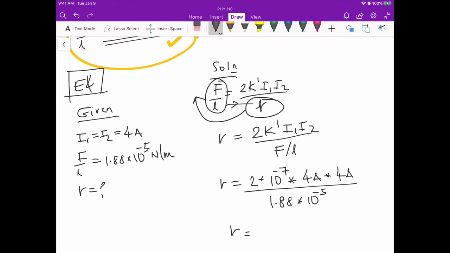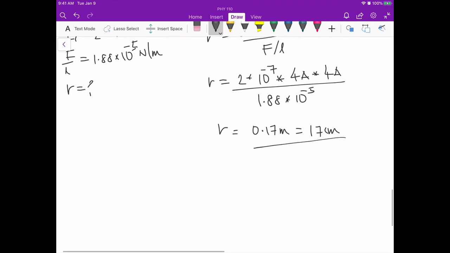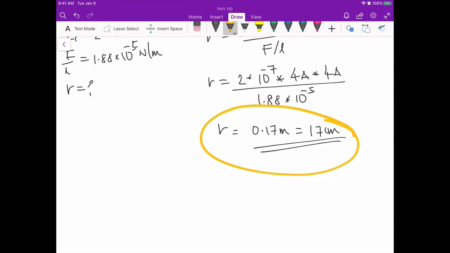Then R is going to be simplified. The rest I'm leaving for you to plug into your calculators. So that is 17 centimeter. This is what the answer is.